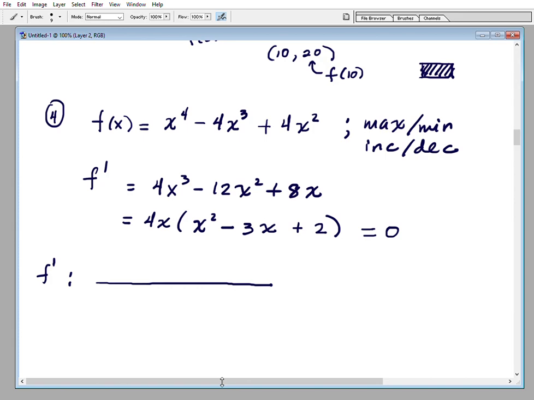Okay, if you get the max, I think this one has 2 mins and 1 max. If you get the max, put it in the chat. You can just put the x value of the max in the chat.